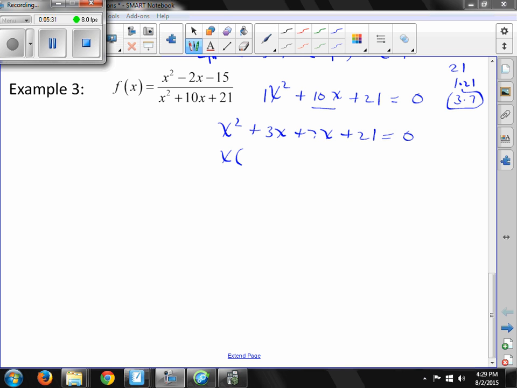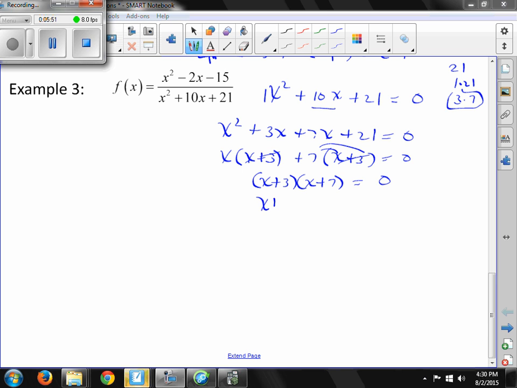Take out an x, I'll have x plus 3. Take out a 7, and again I'll have an x plus 3 because 7 times x is 7x, and 7 times 3 is 21. When I take out the x plus 3 out of both of them, I will have x plus 7 left.